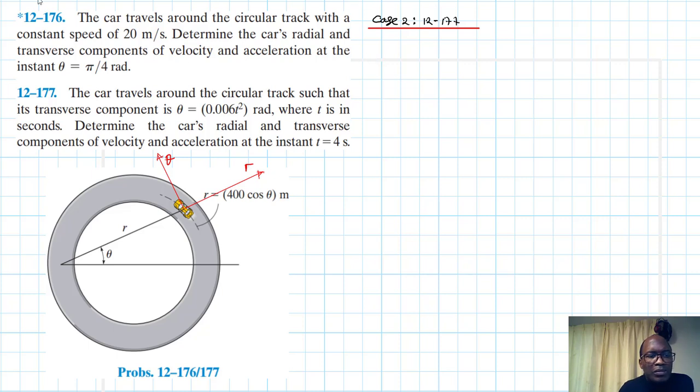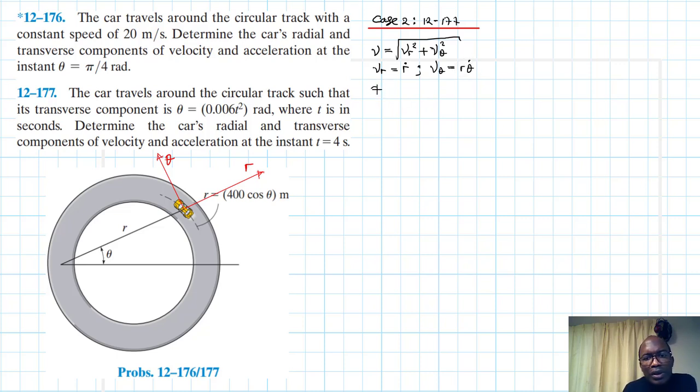We know that velocity itself, a scalar value, is equal to the square root of Vr squared plus V theta squared, where Vr is equal to r dot and V theta is equal to r theta dot.